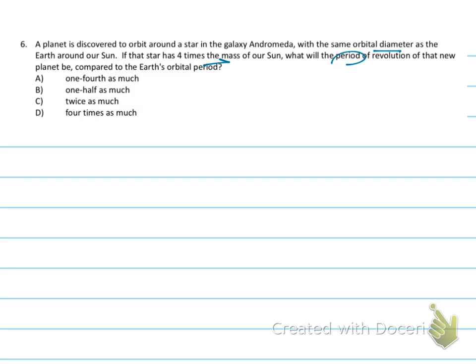So I kind of like to go in reverse and work from the back of this problem because we're looking for period. And we know that velocity equals 2 pi r over t. And if we want to solve for period, we can come up with period equals 2 pi r over v.